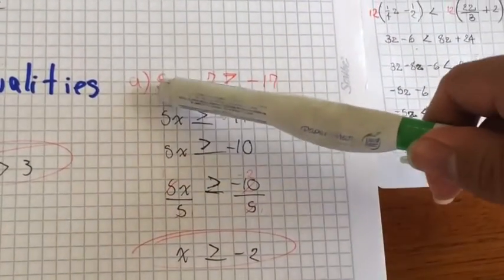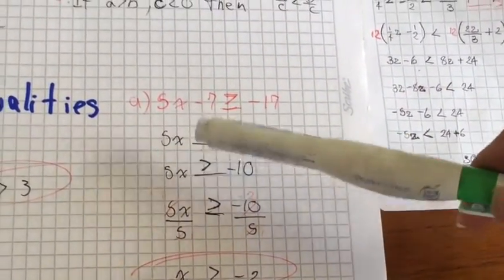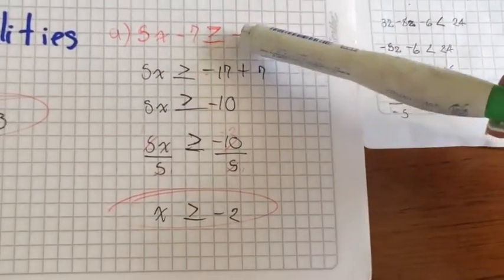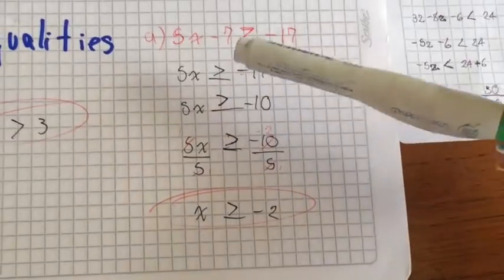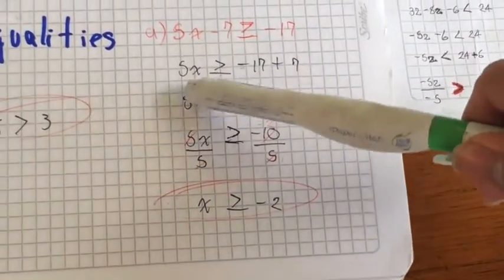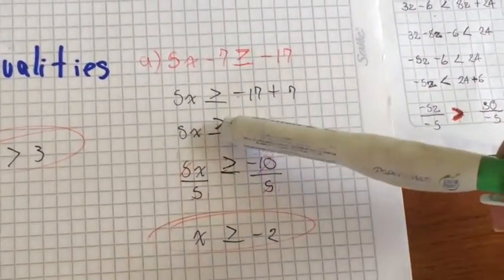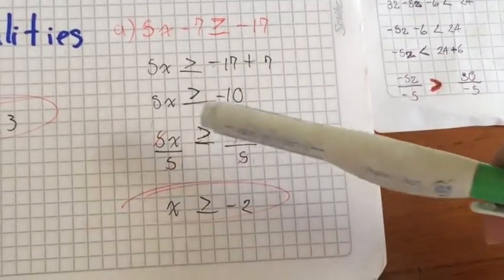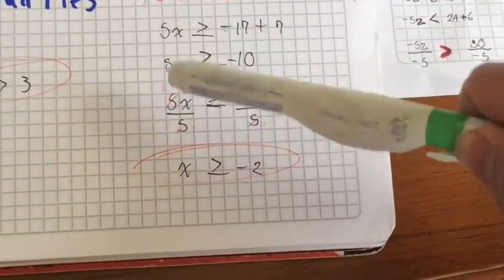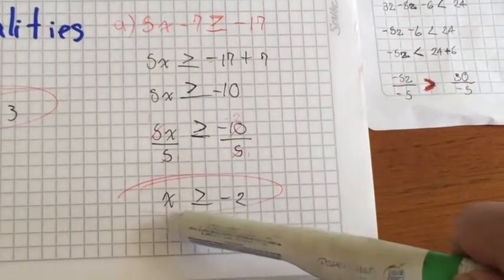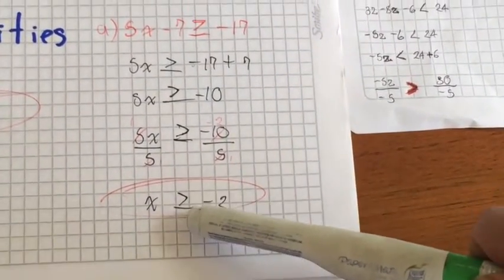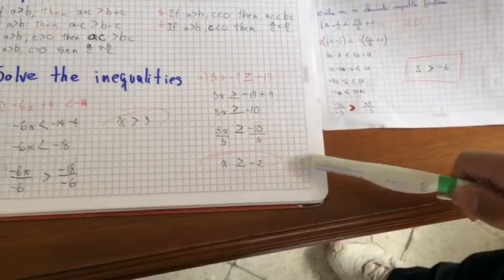So 5x greater or equal to minus 17 plus 7, because we pass the 7, it will be 10, so it will be 5x greater or equal to minus 10. We pass the 5 here, we simplify in both sides, and we get x greater or equal to minus 2.